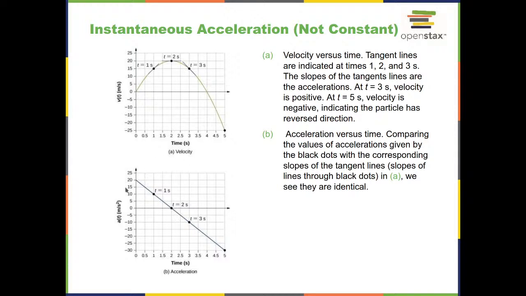One example this shows is that the acceleration doesn't have to be constant. We can have an instantaneous acceleration that varies versus time. In this case, it varies linearly, which is of course not required. It's a linear decreasing acceleration that actually changes sign here as well.